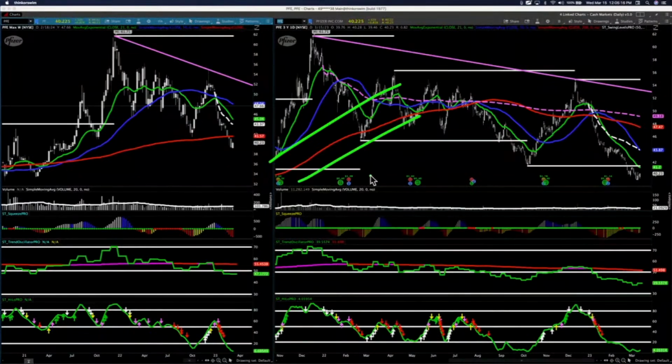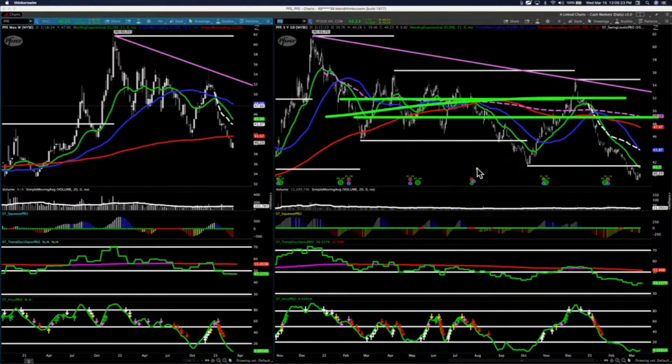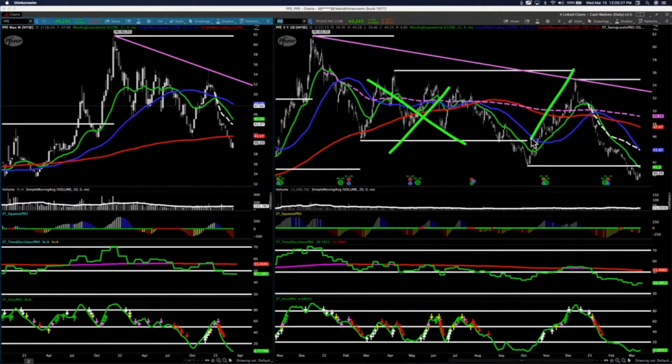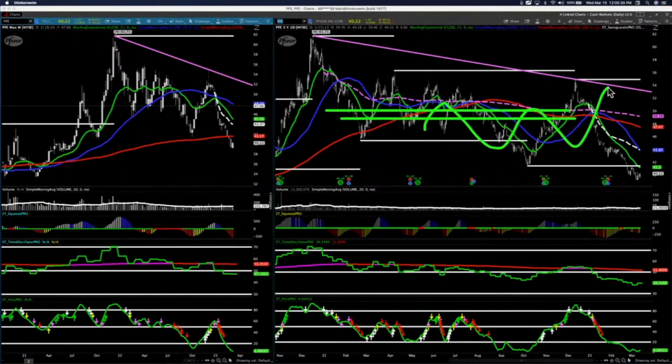The moving averages were stacked, higher highs, higher lows. Here, you see all your moving averages are sideways. It just looks like mom's spaghetti. In that instance, you don't want to use moving averages, right? Because they're worthless. Moving averages, when they go sideways and intertwine like this, are going to be mostly worthless.